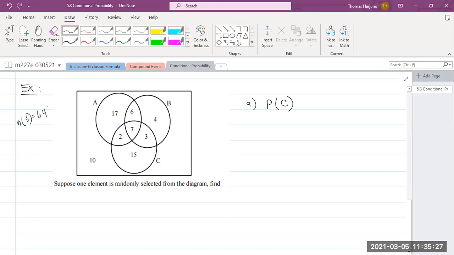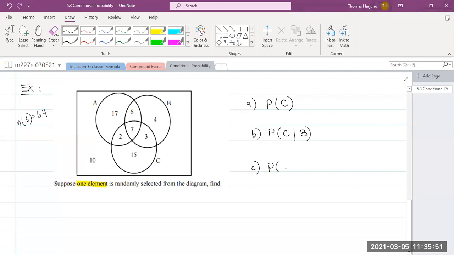Okay, now I want you to compute the following. The probability of selecting one element from C. How about the probability of selecting an element in C given we know that element is in B?